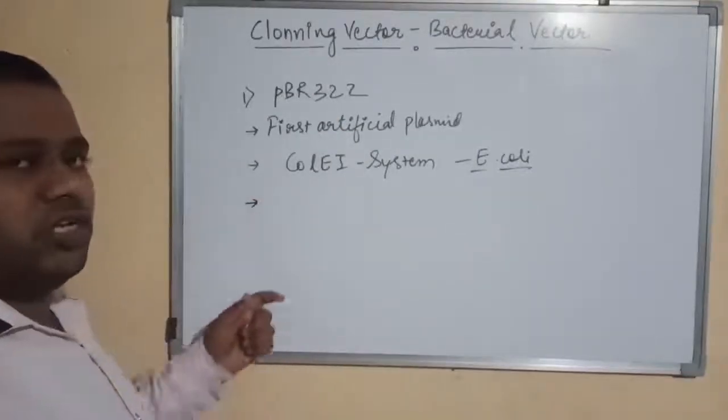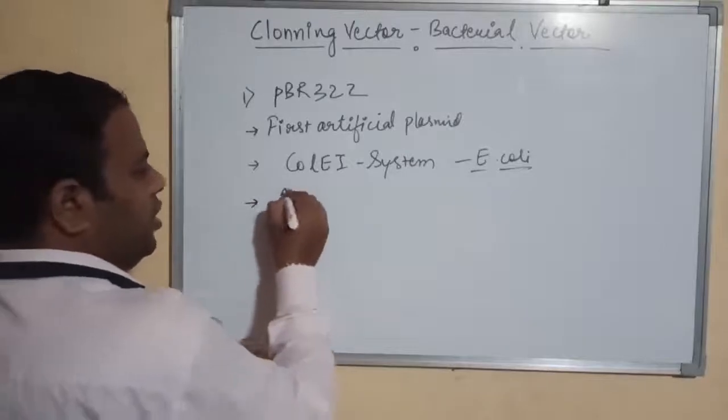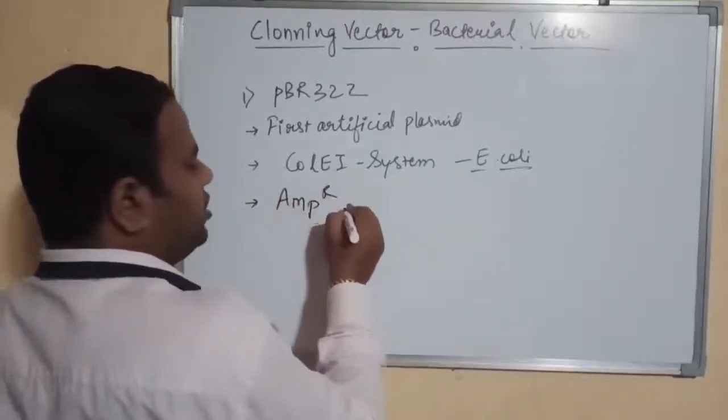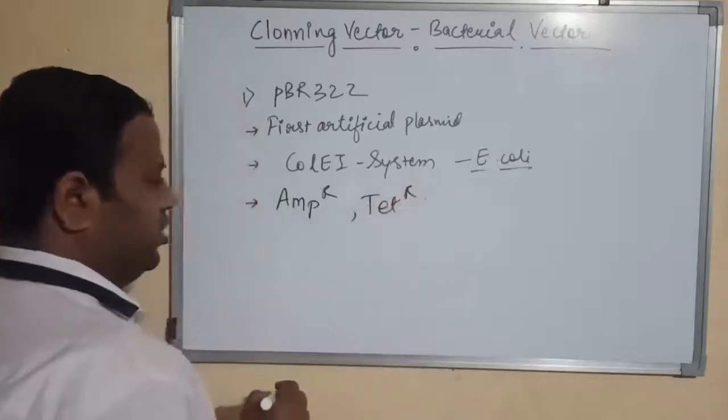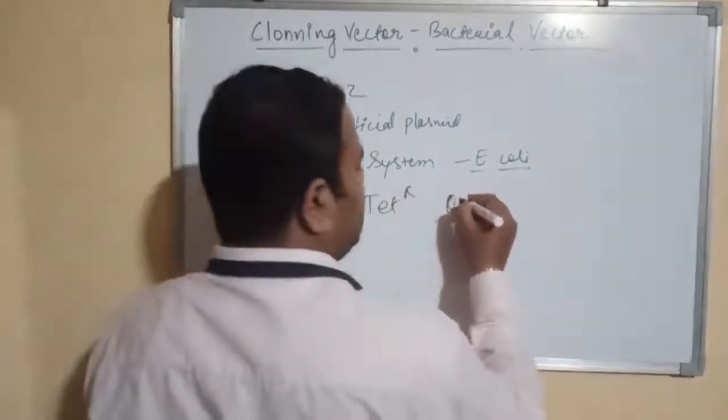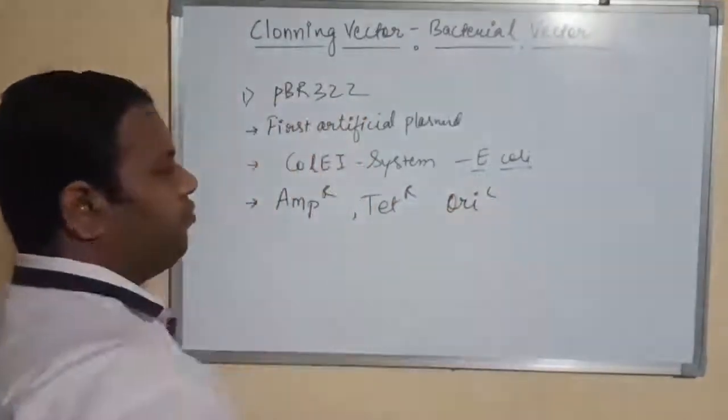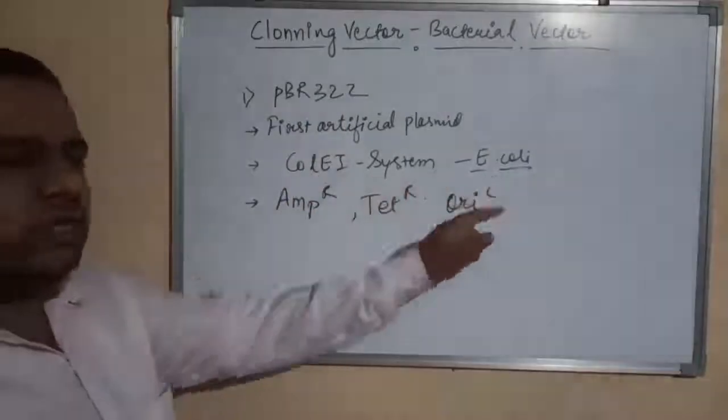There are different genes here, that is selectable markers. There is the presence of an ampicillin resistance gene. There is the presence of a tetracycline resistance gene in this. And there is an ORI site that is isolated from the ColE1 replication system of E. coli.